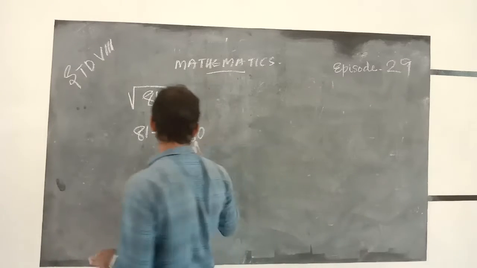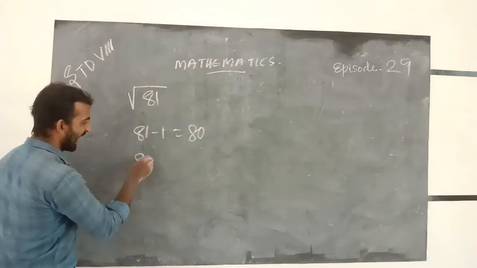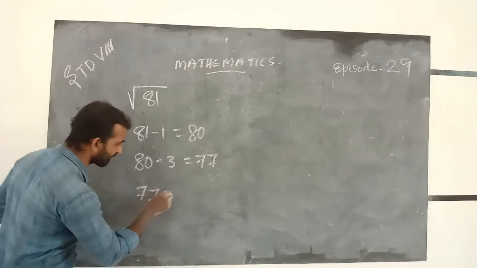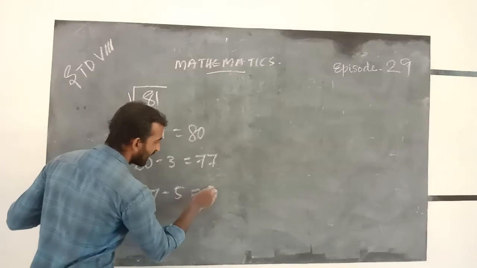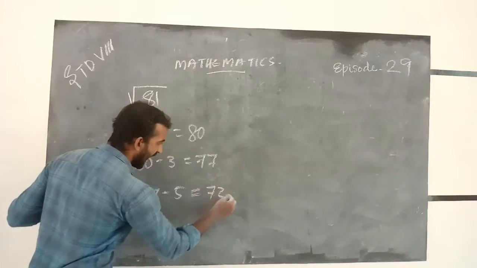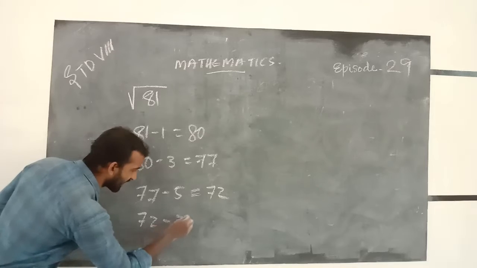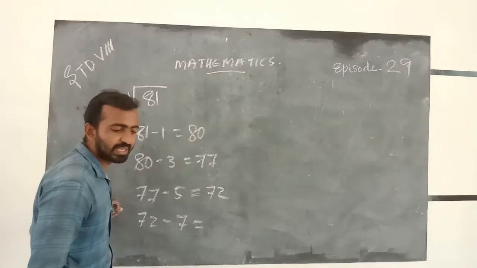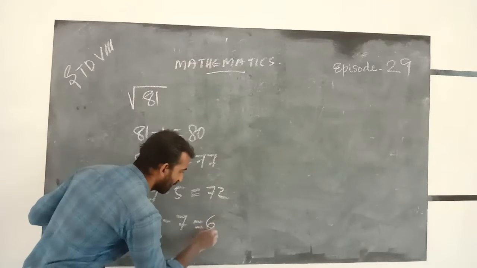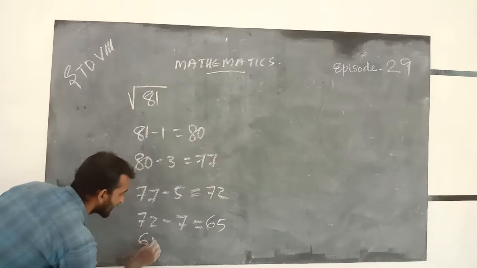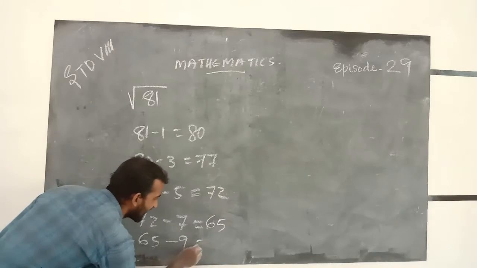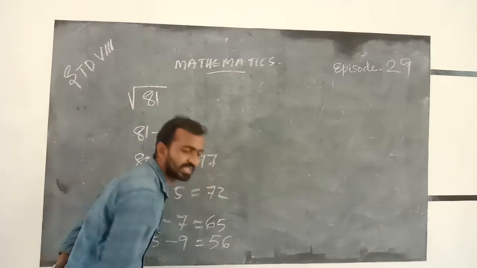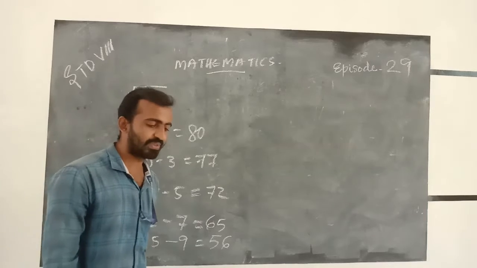81 minus 1 is 80. Next 80 minus 3 is 77. And 77 minus 5 we get 72. Next 72 minus 7 we get 65. And 65 minus 9 we get 56.